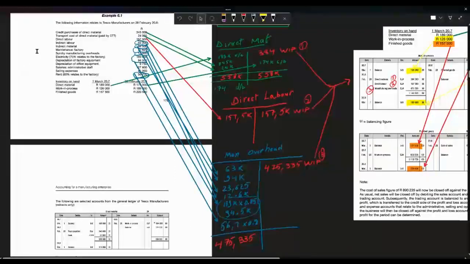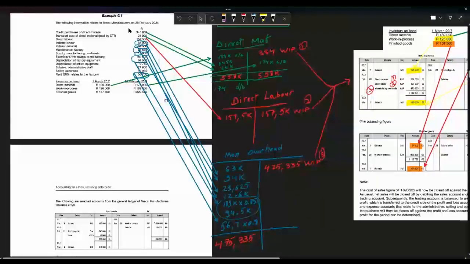Okay, so obviously, you always need to also look, are they accounts that have an opening balance and a closing balance? And lo and behold, if you look down here, direct material, work in process, finished goods have opening and closing balances. So these need to be taken into account.